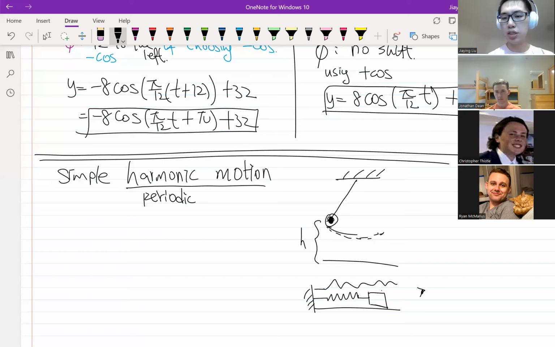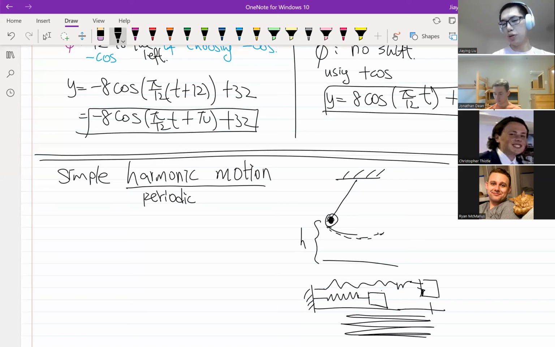So suppose you take this spring and then you stretch it. So it begins here, and then you let it go. It's just going to go back here and then back and forth, the position of the object at the end of the spring. That's going to be a harmonic motion. It's going to be periodic. So that's just what harmonic motion really refers to.